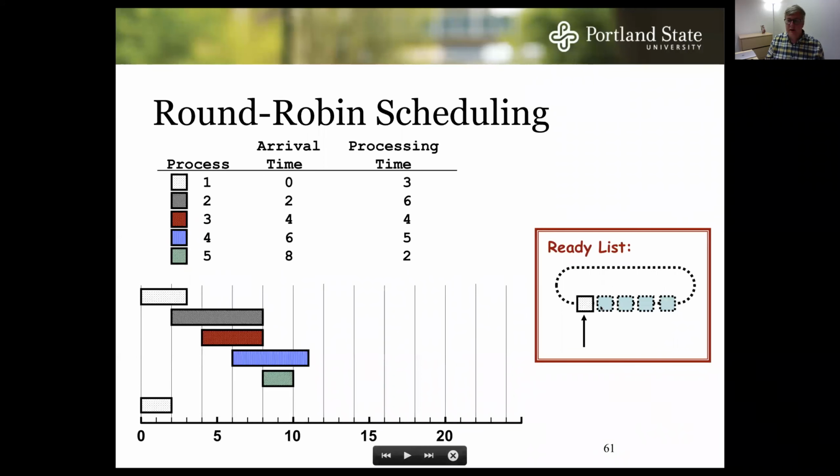It will keep a ready list like this, and initially, process 1 is the only process in the list. But at time quantum 2, there are 2 processes, and process 1 has already run, so it will go around the list and run process 2. And then it will run process 1, and then process 3 arrives, at which time there are now 3 processes to be run.